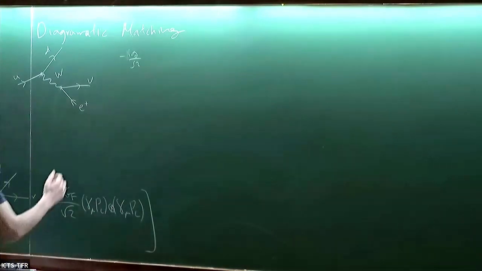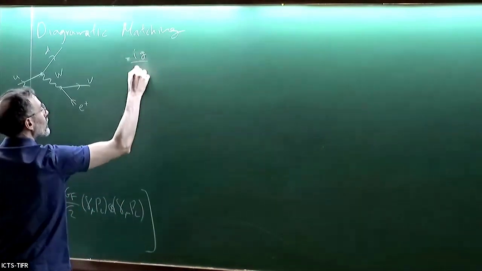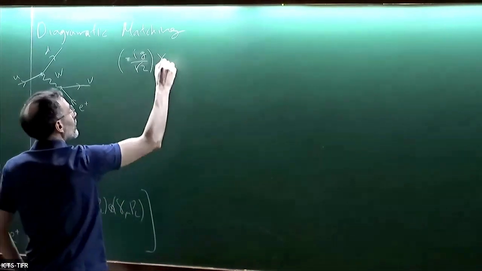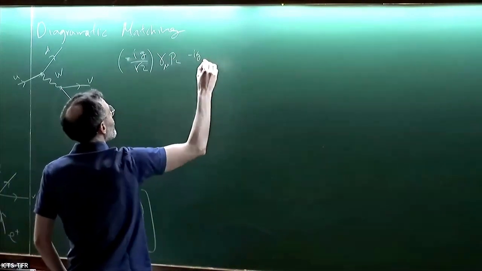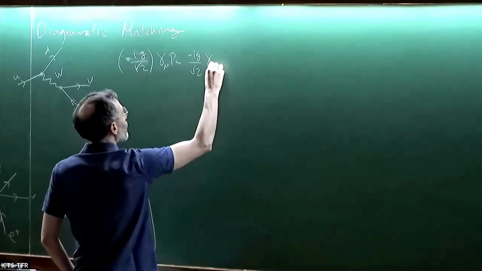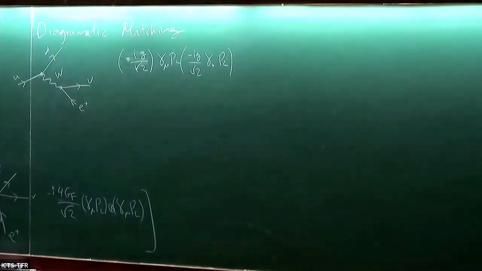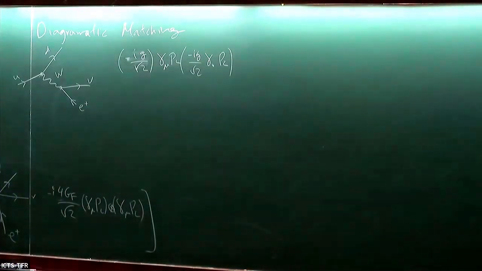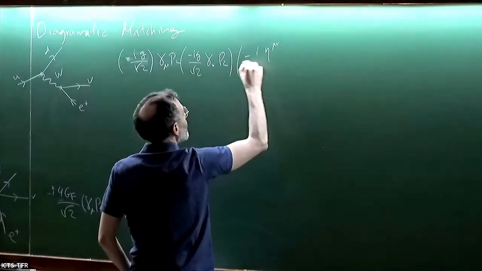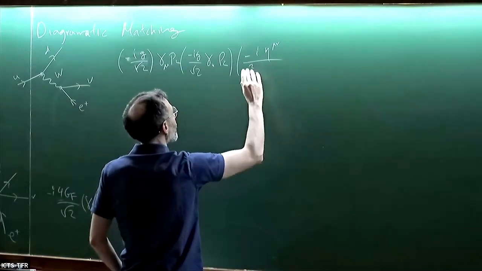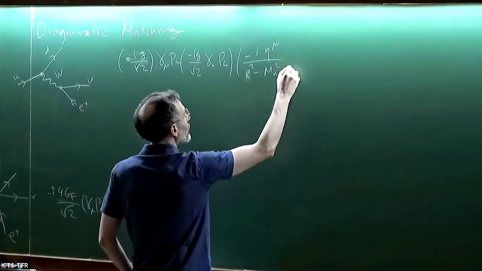Minus i g over square root of 2, gamma^mu left, and then another one, gamma^mu left. And they're connected by the W propagator, that line which comes with this Feynman rule. Minus i eta^{mu nu} over q squared, or k squared, what we call the low energy momentum, minus M_W squared.